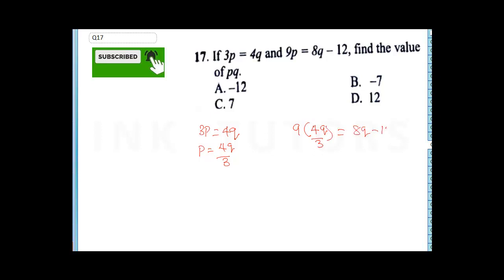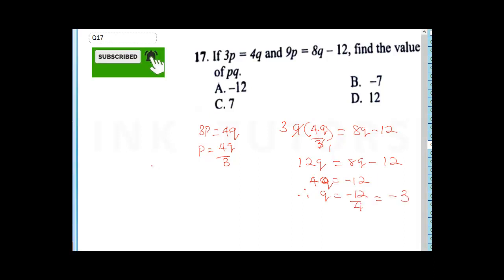So instead of writing 9p, I will now put 9 times 4q over 3 is equal to 8q minus 12. Now 3 in 9 is going to give us 3. So 3 times 4q is going to give us 12q is equal to 8q minus 12. So 12q minus 8q is going to give us 4q equal to minus 12. Therefore q will be minus 12 over 4, which gives us minus 3.